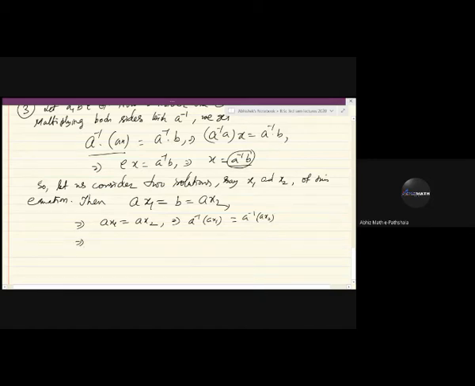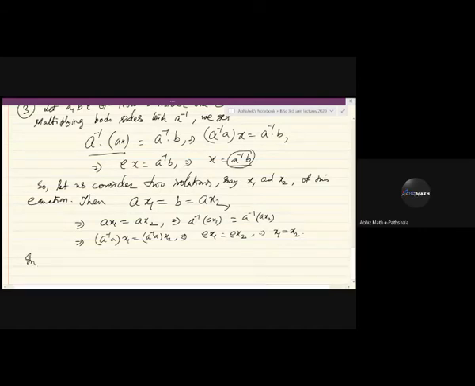And then using associativity, it is ex1 and it is ex2. So that means x1 equal to x2. So we have proved that the solutions are the same. So this equation has a unique solution.